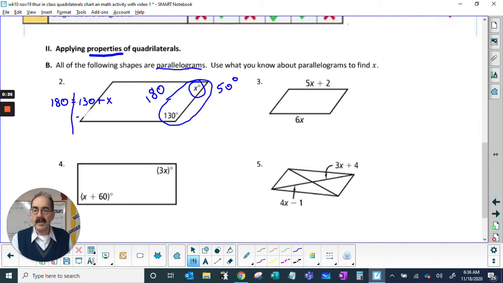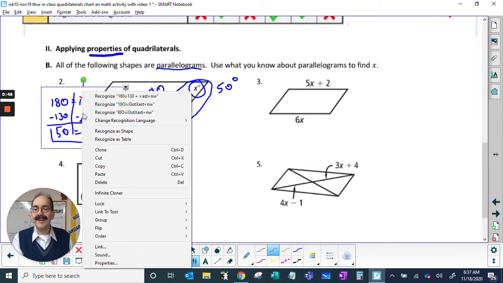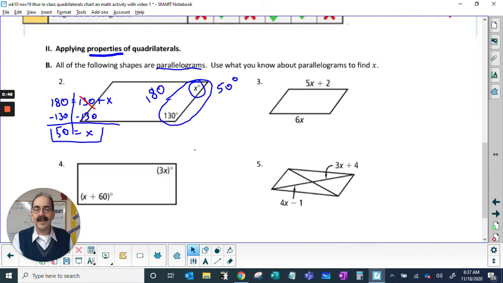Draw our line, subtract the 130, subtract the 130, 50 equals x. Okay? 130 minus 130 goes away. All right, so hopefully that made sense. Let's move on. Next one.